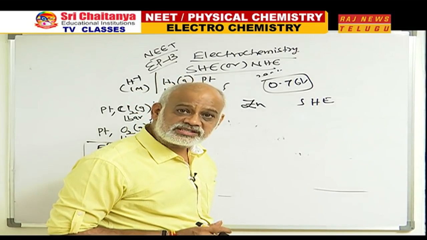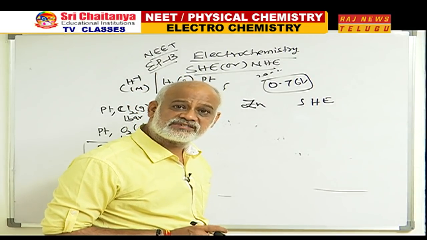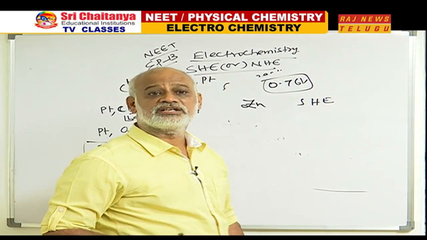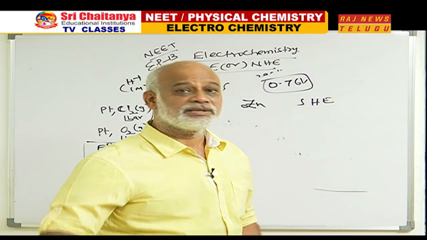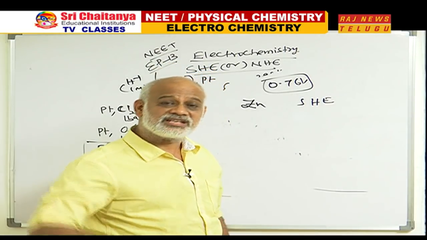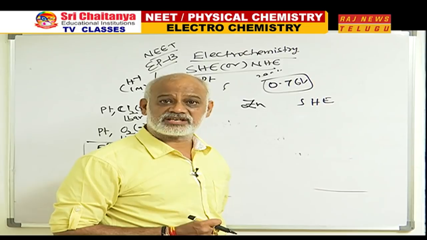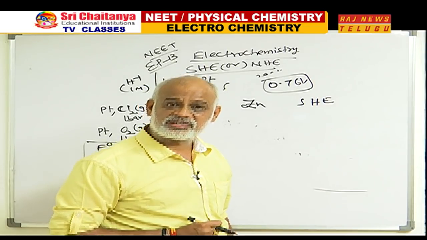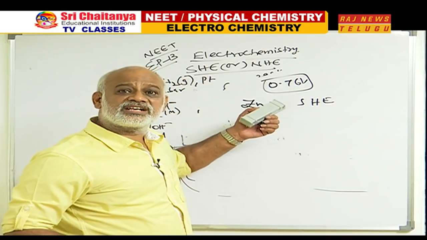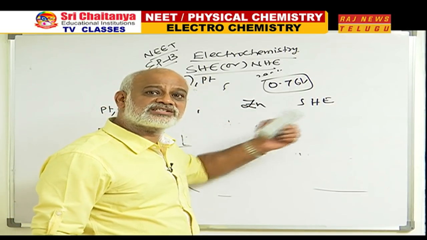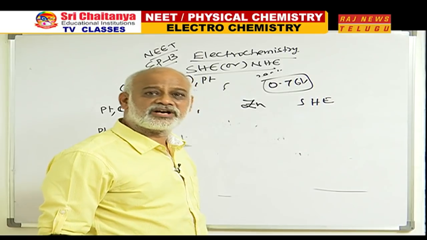Then the question is, what is this 0.76 volts magnitude called? It is called the standard electrode potential of zinc. But is this standard electrode potential of zinc called an oxidation potential or a reduction potential? Sir, it is the difference between the zinc electrode and the standard hydrogen electrode that is 0.76.